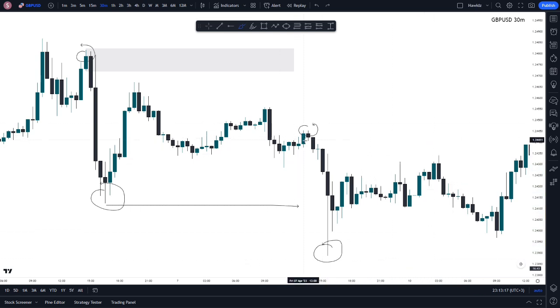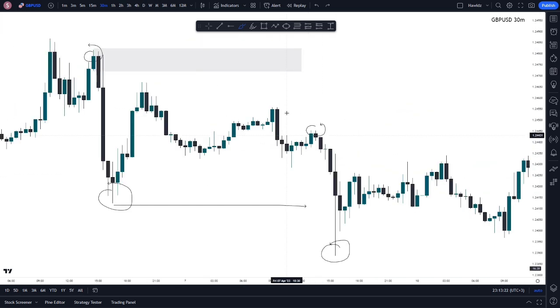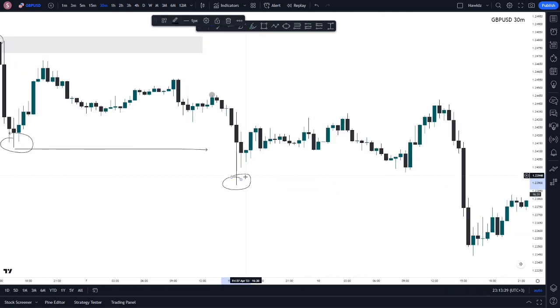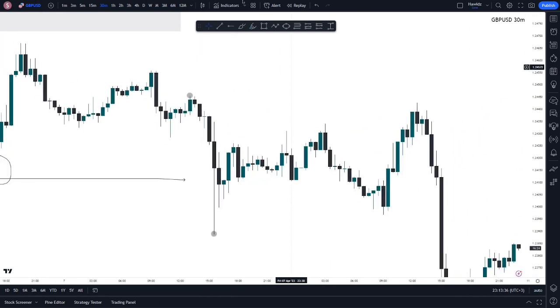Now, I'm just going to remove that and put in a proper one. So we had a high and a low right here. This is where our range was based from.